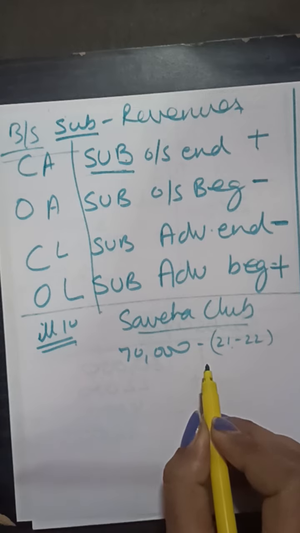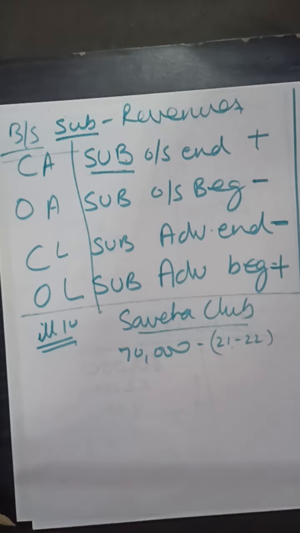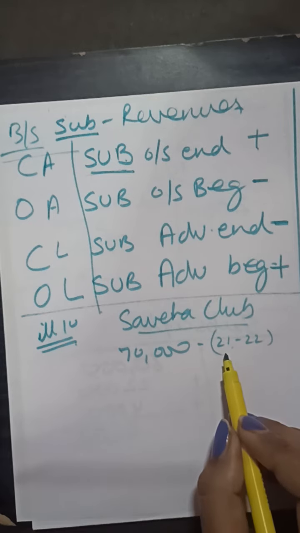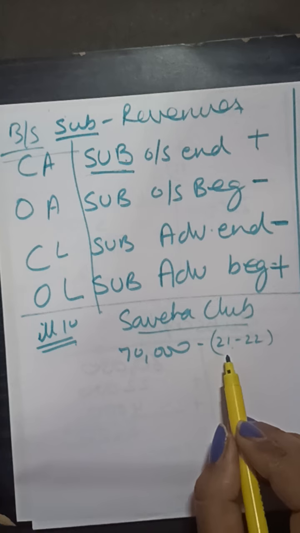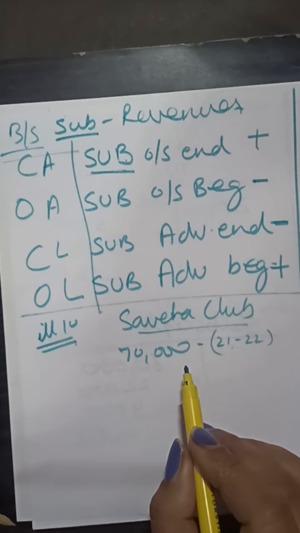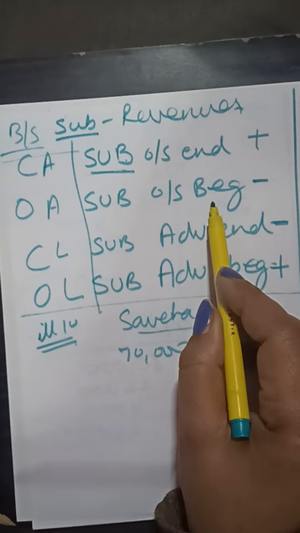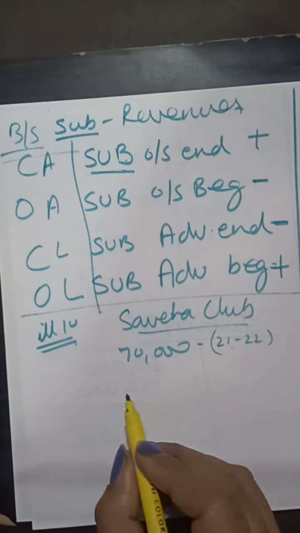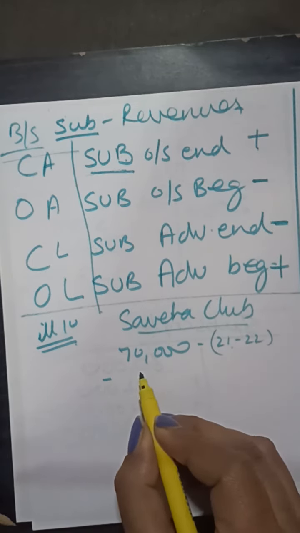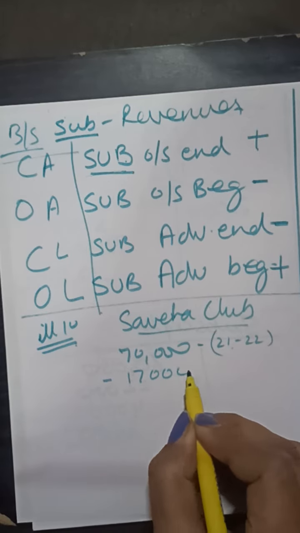Now how much does not relate to this year, that has to be taken out. They say subscription outstanding on 31st March 2020. That means it is not of this year. Outstanding in the beginning will be subtracted. So minus rupees 17,000.